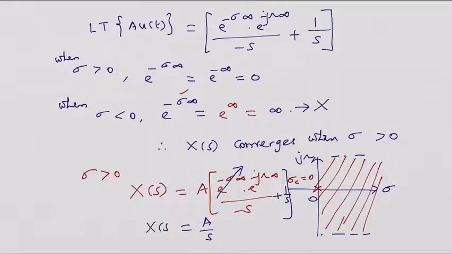X of s, I just write it as the final answer, when x of t is equal to A into u of t, which is considered to be A for the values of t greater than or equal to 0.